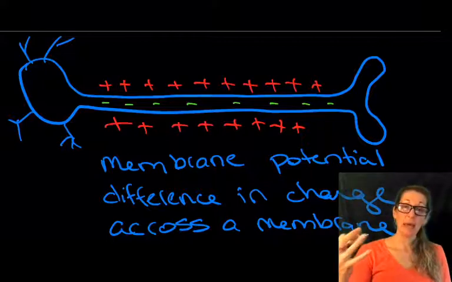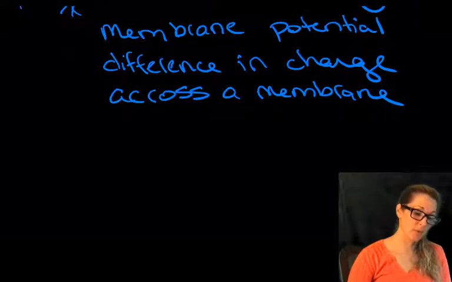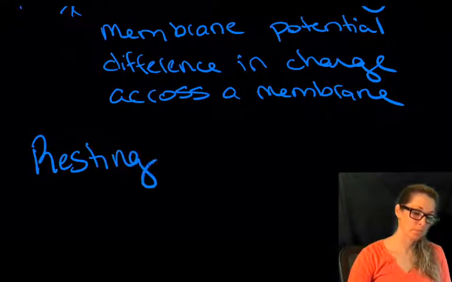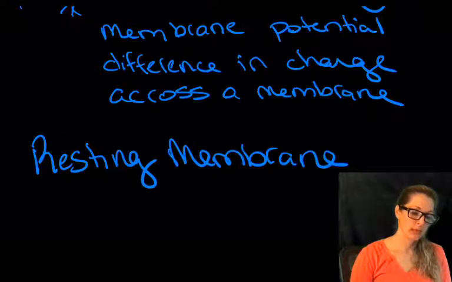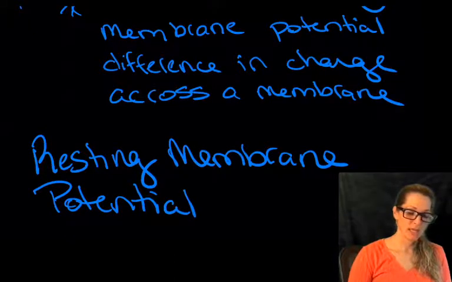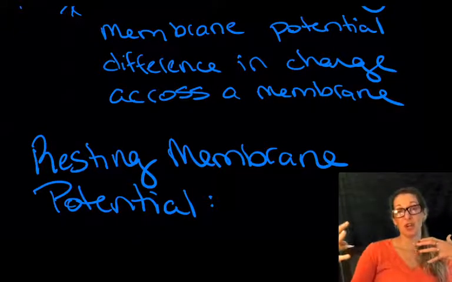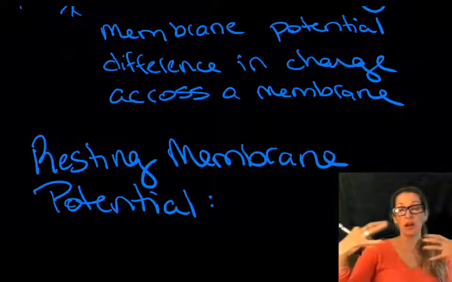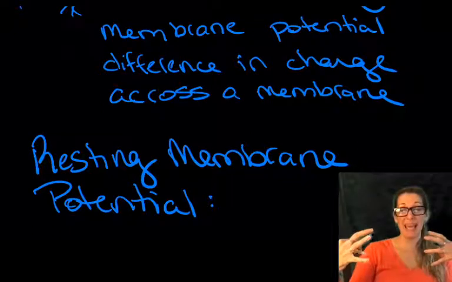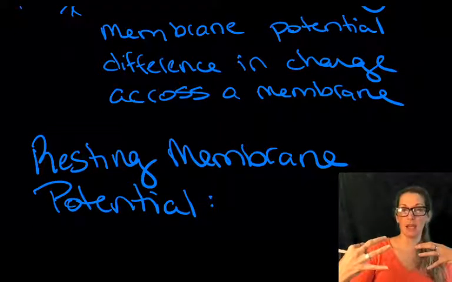And in our neurons, we have something called resting membrane potential. Resting membrane potential is the difference in charge that our neurons just sort of hang out at, the homeostasis that our body tries to maintain.